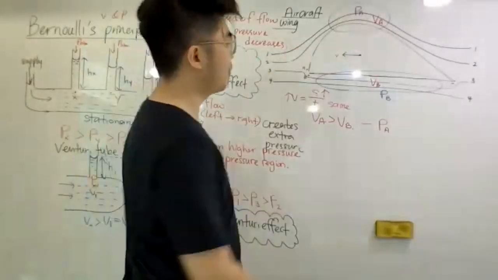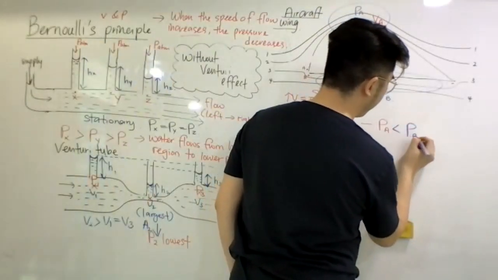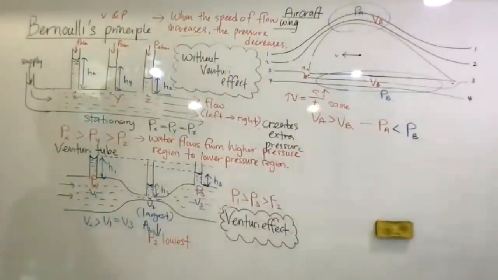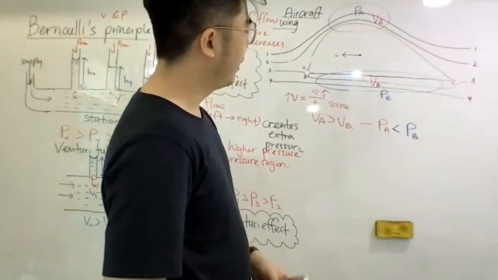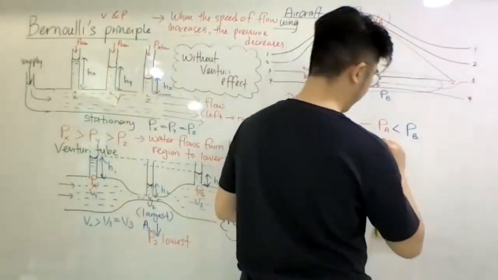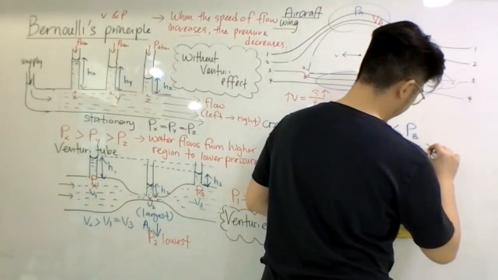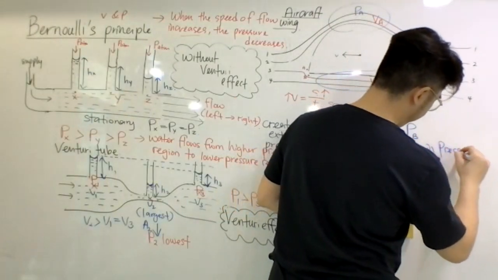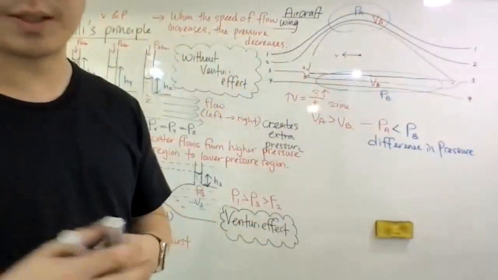Flow here is faster, so PA is going to be lower than PB, like this. So if you have pressure A lower than pressure B, then what happens? You have a difference in pressure, right? A difference in pressure produces a force.